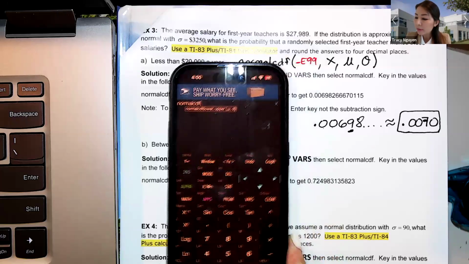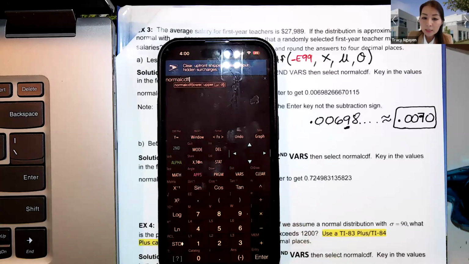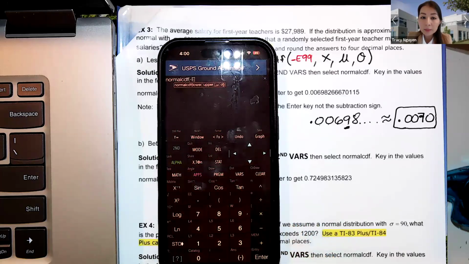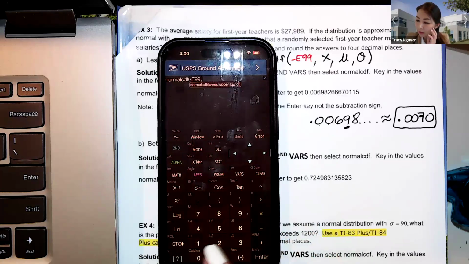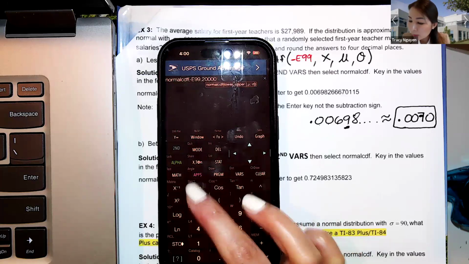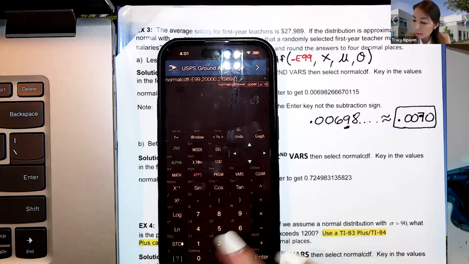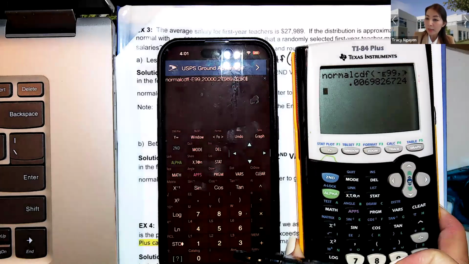We need the negative E99 for our problem first, and how to key in a negative: negative this one here, second, comma, that gives us E, then we do 99, comma, we have X of 20,000, comma, mu of 27,989, comma, 3,250 for the value for sigma. Close the parentheses and press enter. Then you will get the same answer as what you get from the calculator.